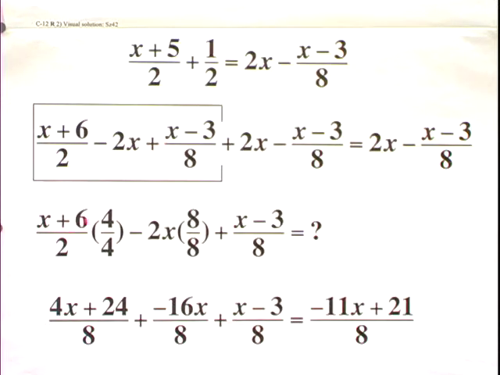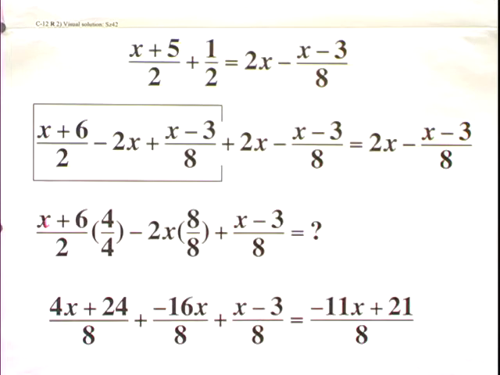So here's the x plus 6, and 8 is the lowest common denominator, so I have to multiply the first term by 1, and I'm going to substitute 4 over 4 in order to get that 8 in the denominator. This term, I'm going to multiply by 1 and substitute 8 over 8. This term, I don't have to do anything. It already has the lowest common denominator.